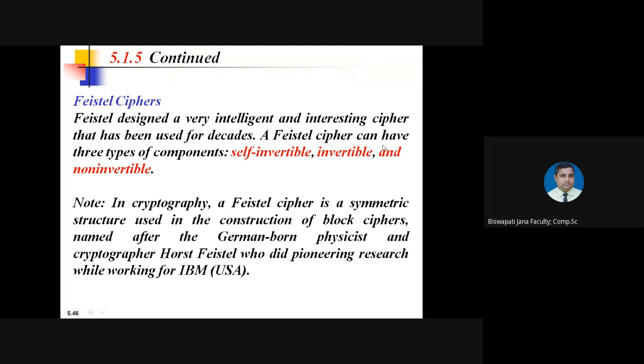A Feistel cipher can have three types of components: self-invertible, invertible, and non-invertible. In cryptography, a Feistel cipher is a symmetric structure used in the construction of block ciphers, named after the German-born physicist and cryptographer Horst Feistel, who did pioneering research while working for IBM.